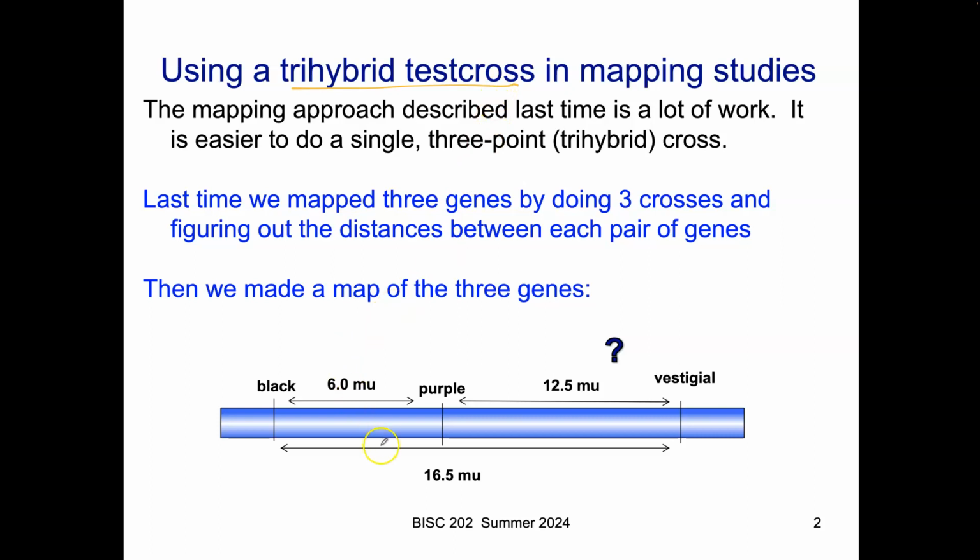We could end up figuring out the distances between the genes, and we would generate the correct distances. Okay, so the data set that we generated should give us something that looks like this, where the numbers are consistent. Okay, so this is a less labor-intensive one, but there's a little bit more thinking and figuring out involved.